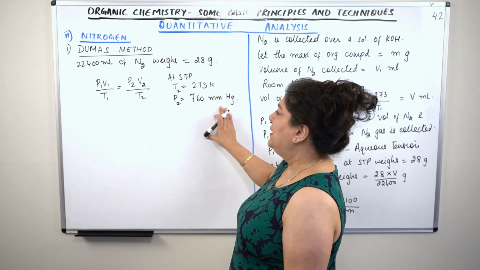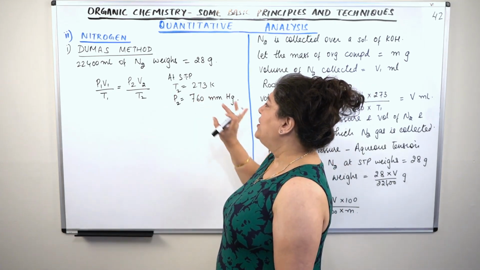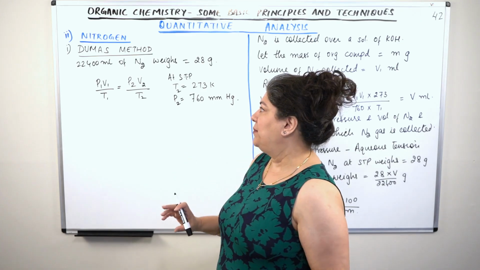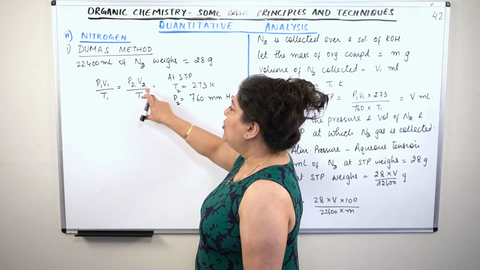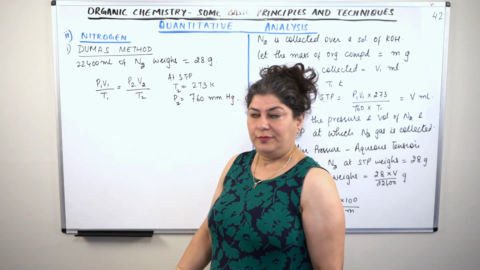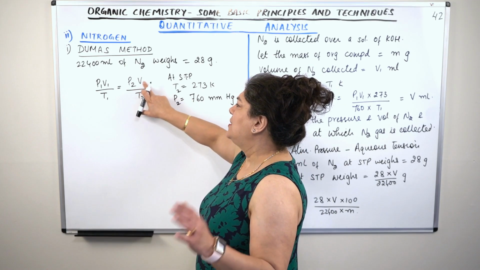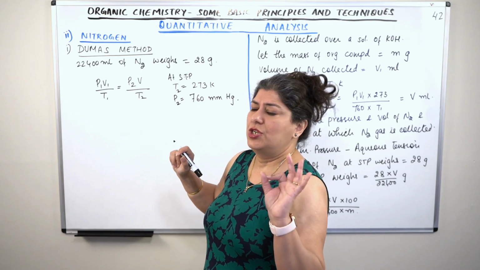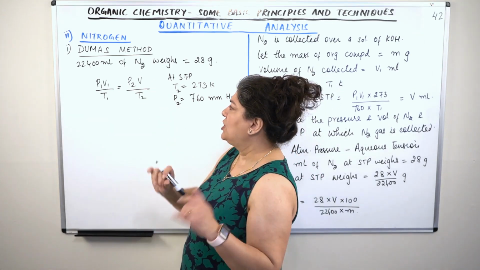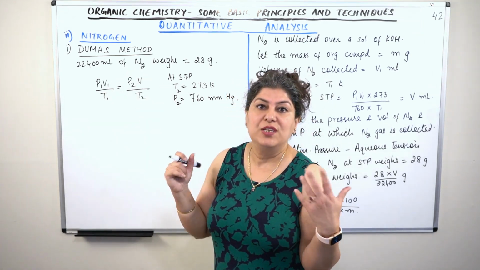T2 is 273 Kelvin. What we don't know is V2. Let us say this is not V2, it's just V. It's just naming, we don't want the digit 2. From this we want to calculate V.